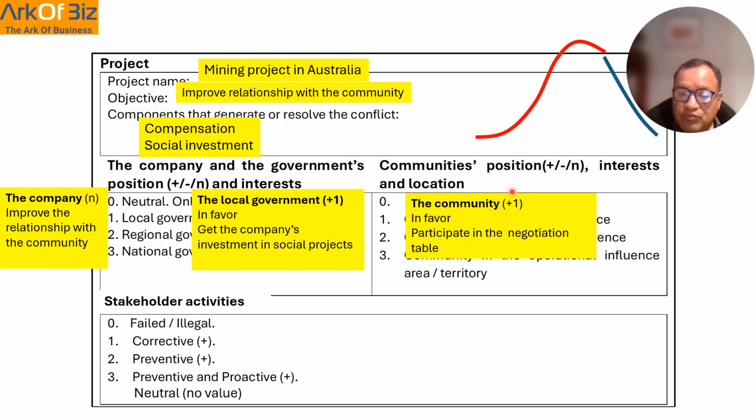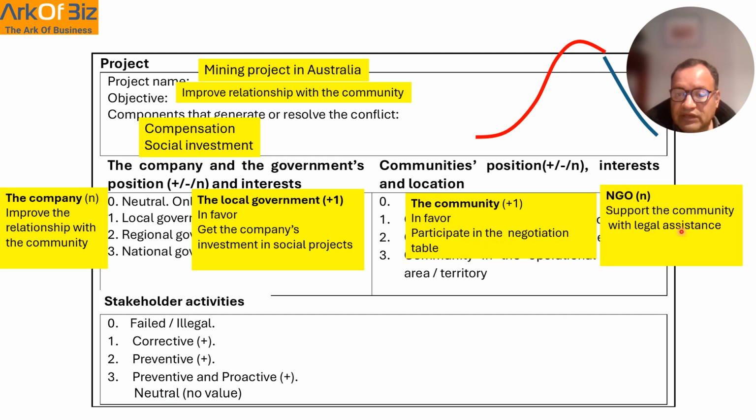So that's why the community has a +1 value. In favor and participates in the negotiation table. Additionally, we have an NGO, because this NGO supports the community with legal assistance and has a neutral value.